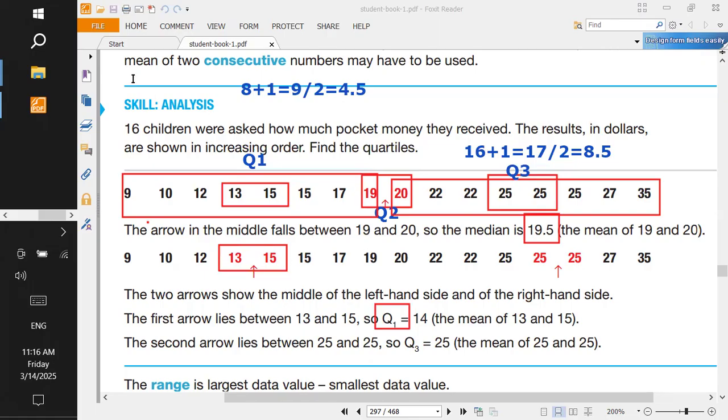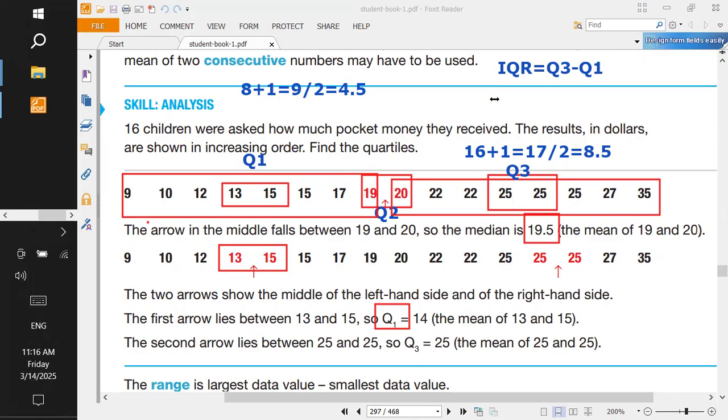Now, there's something else I have to add to these questions, which is finding the IQR. The IQR means what? It means Q3 minus Q1, which is the interquartile range. So basically, you just take the Q3, which is 25 here, and subtract Q1 from it, which is 14 here.